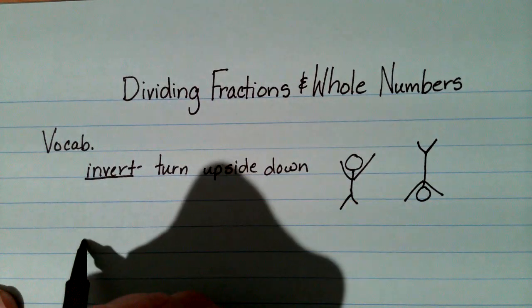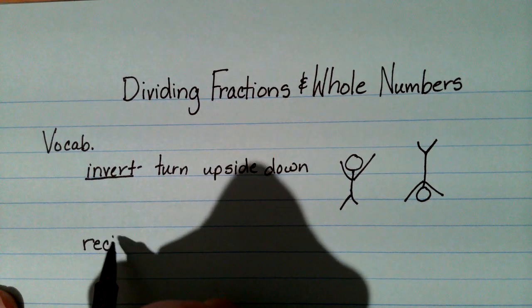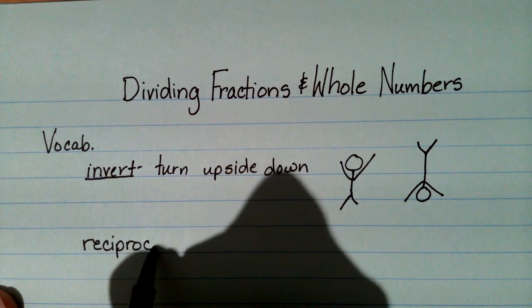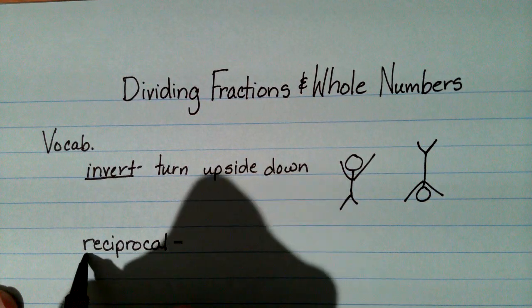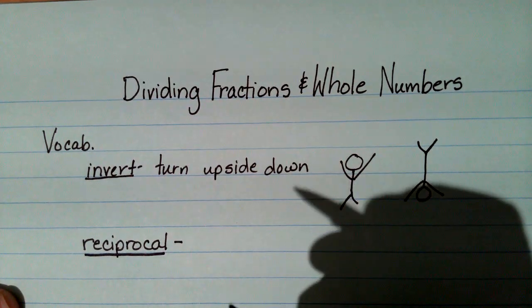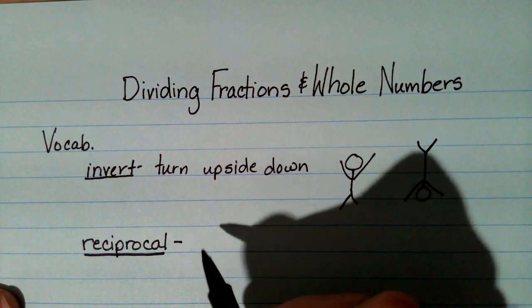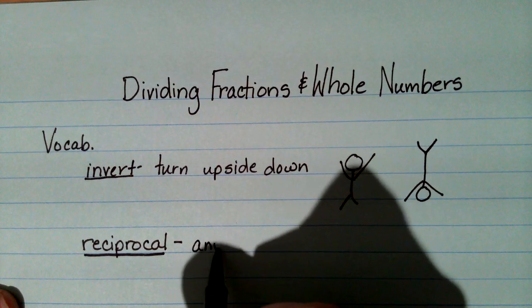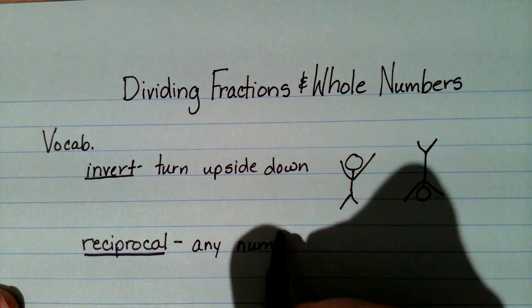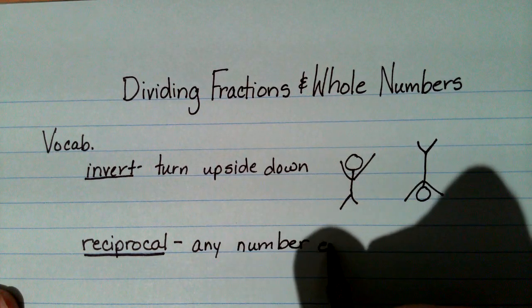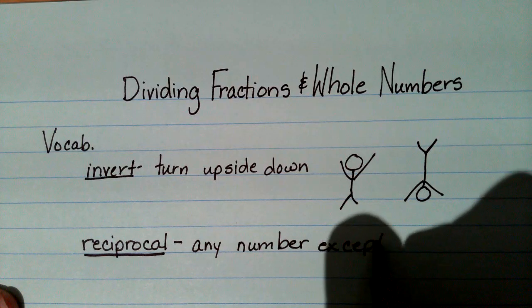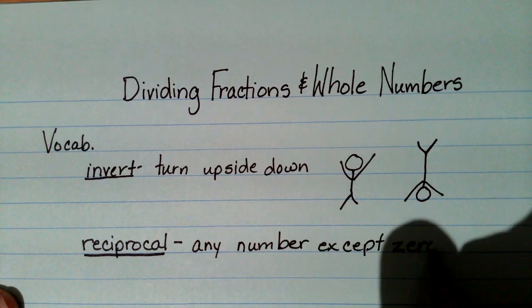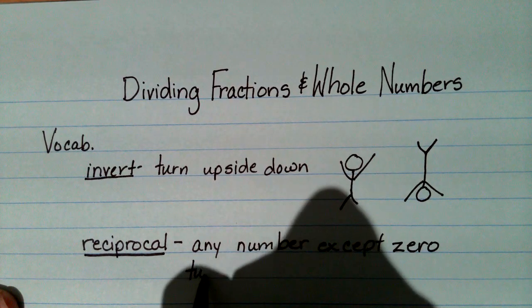The next vocabulary word is reciprocal. For this specific instance, it is any number except 0 turned upside down.